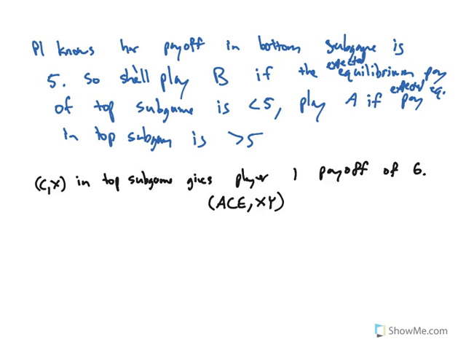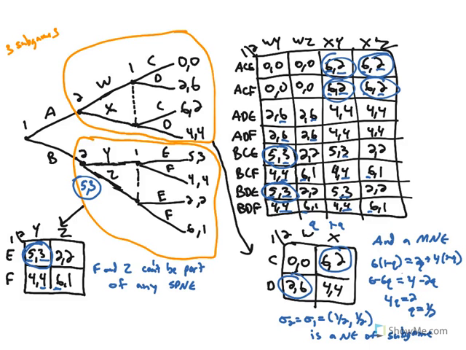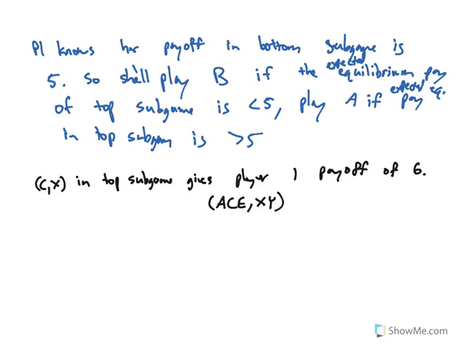It's implementing the EY equilibrium in the bottom subgame. And given those two equilibria of the subgames, player one is making the optimal choice in the first decision node, choosing A. Okay? And so that is a subgame perfect Nash equilibrium.